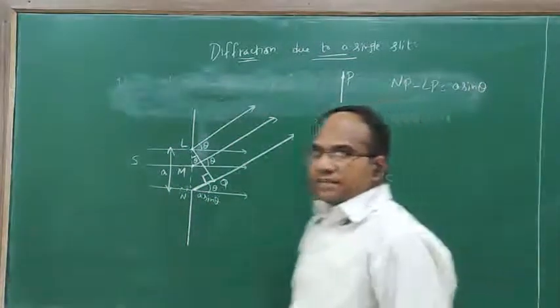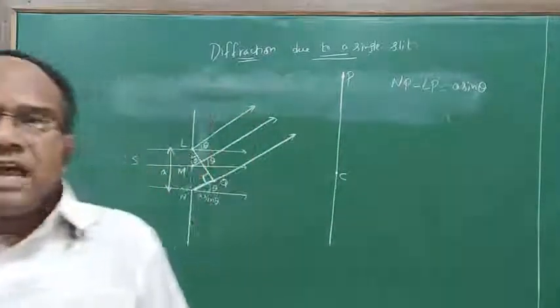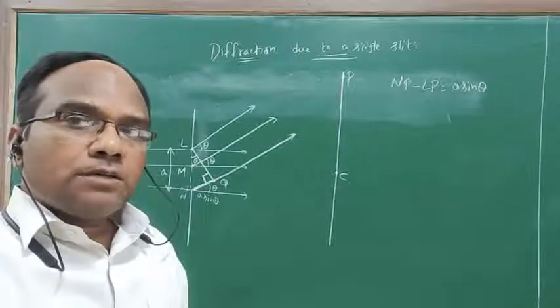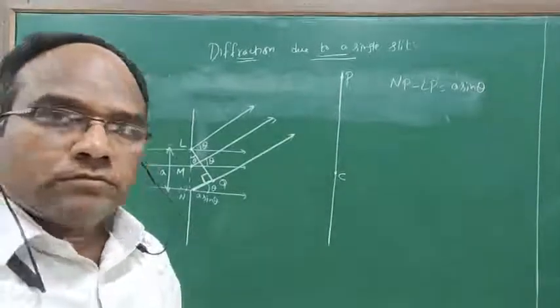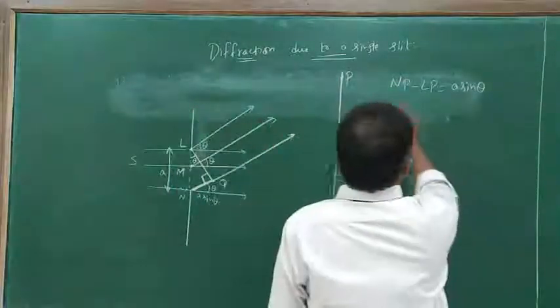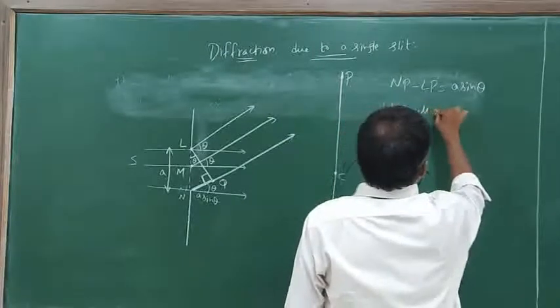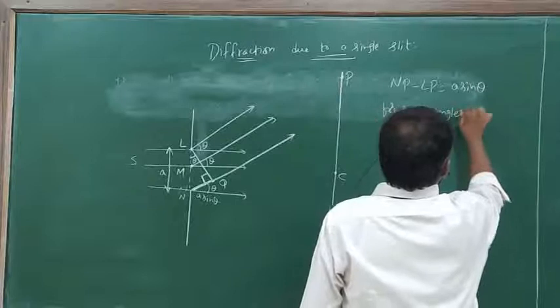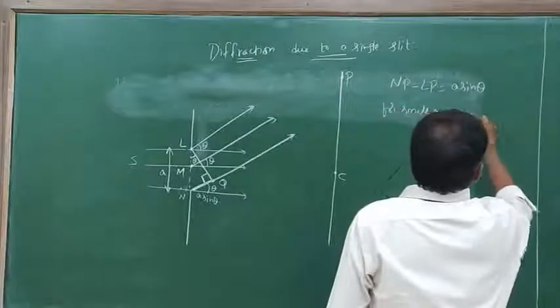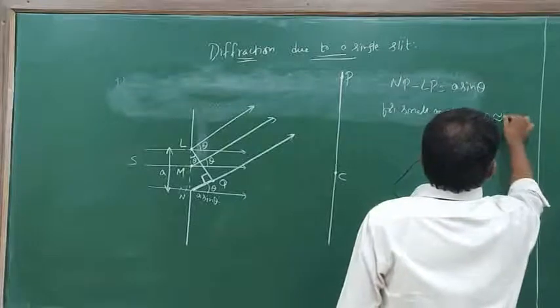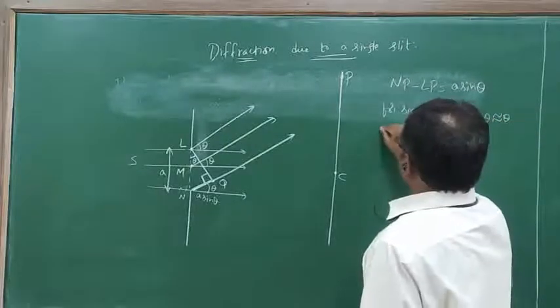A sin theta. So for small angles, sin theta is equal to theta. So here, for small angles, sin theta is approximately equal to theta. Therefore, what I should write?